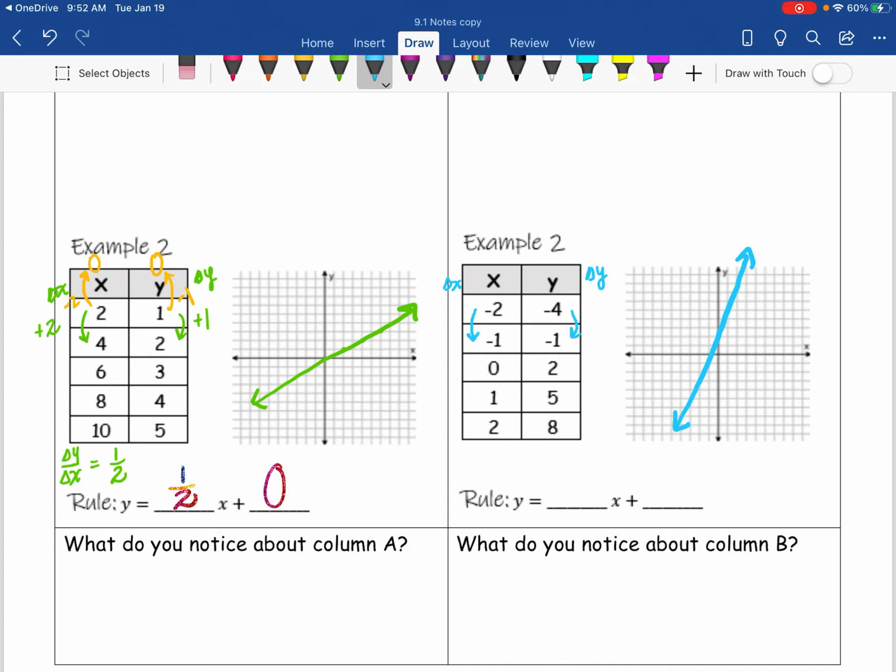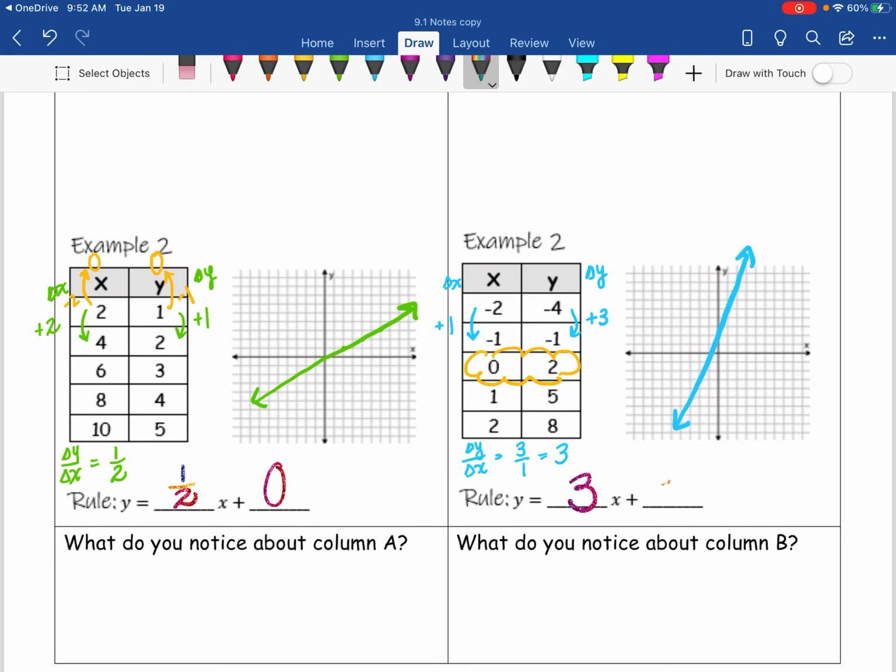Careful with your signs here. So -4 to -1, we're adding 3. And -2 to -1, we're adding 1. So when I divide these two, I get my slope to be 3. And my y-intercept happens to be right here in the table, which is 2.